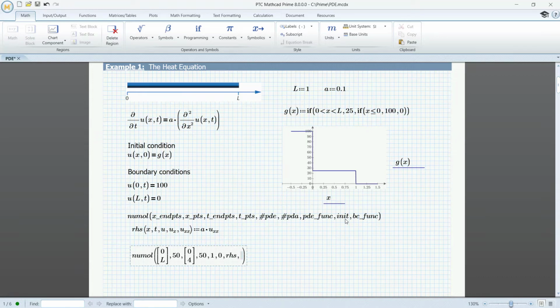The init function, the initial condition, just enter g.